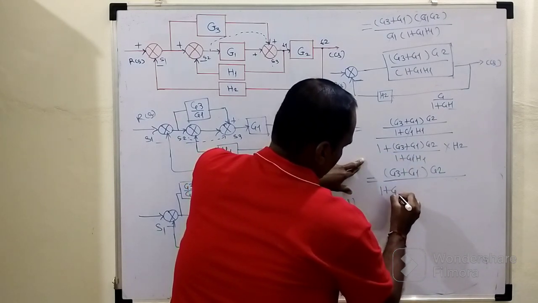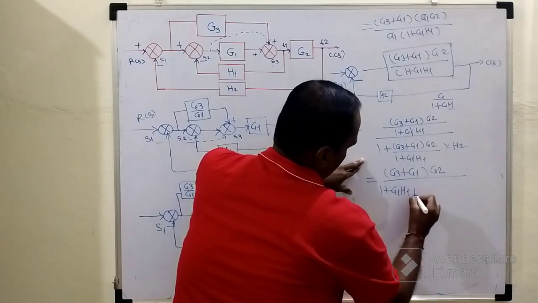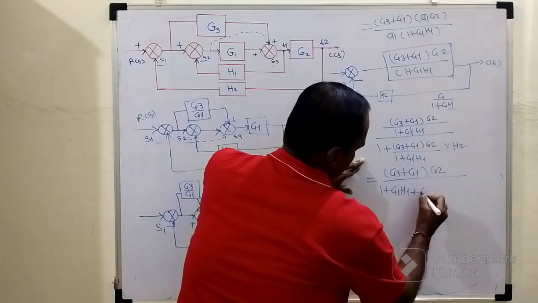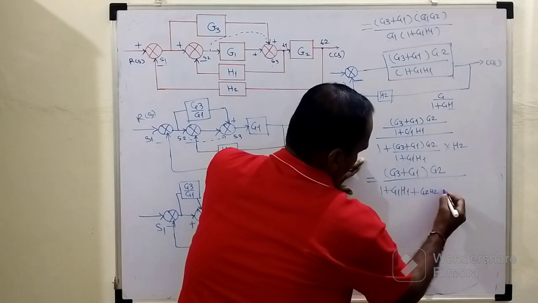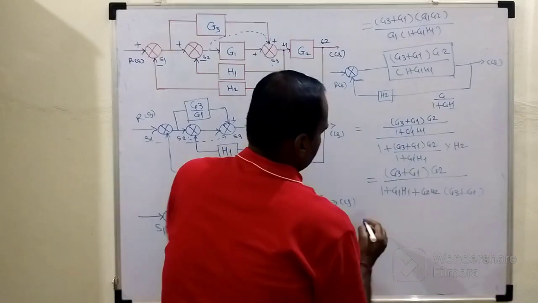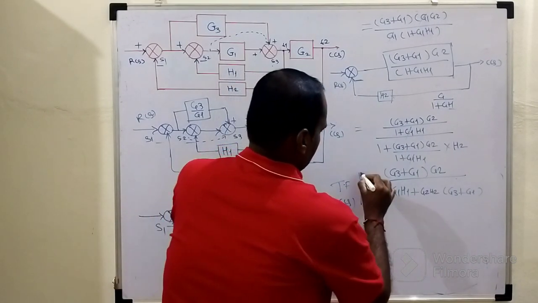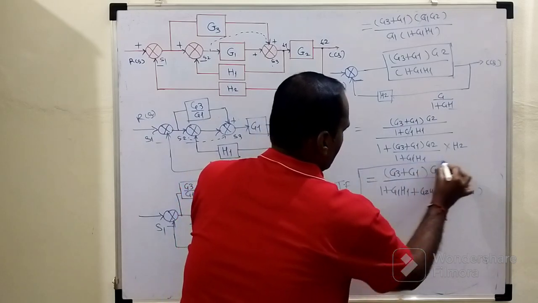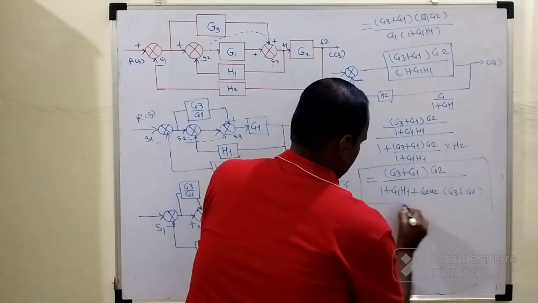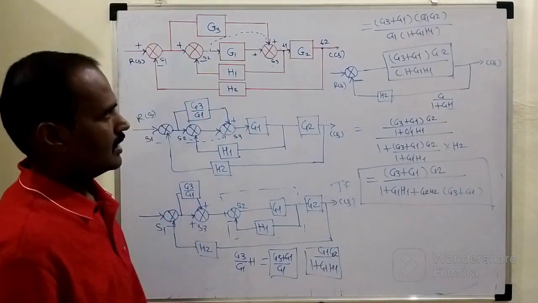So it will become 1 plus G1 into H1 plus G2 H2 times (G3 + G1). So this is the transfer function, which we can say, right?